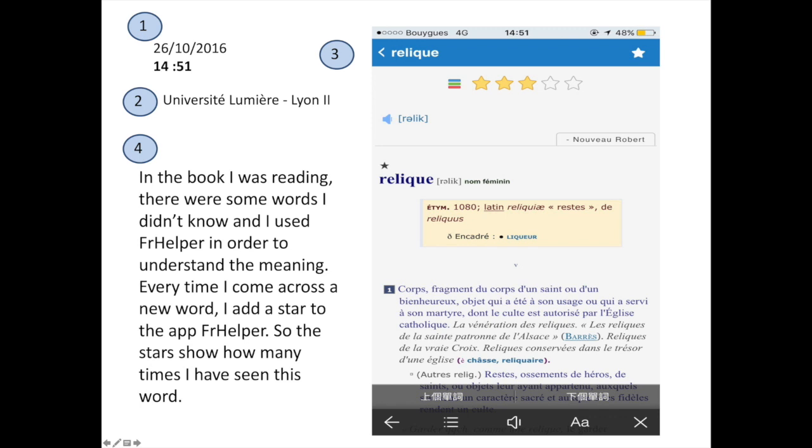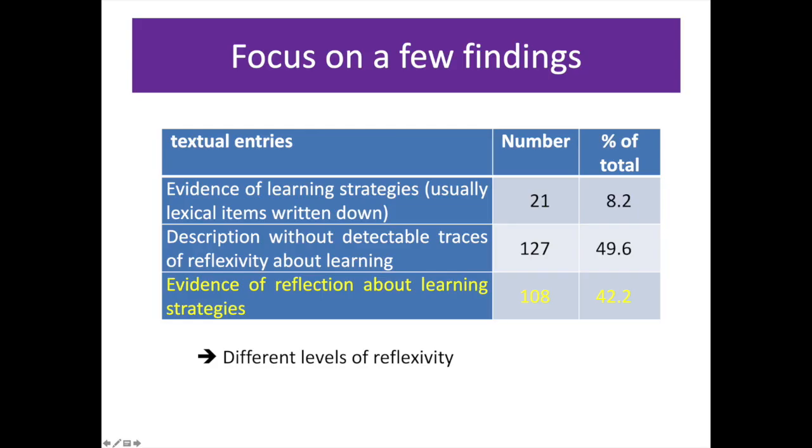And here is what they said, some kind of reflection about their usage of this application. That is to say, in the book I was reading, there were some words such as relique. So this person used an application called French Helper to understand the meaning, and she used the different stars every time she came across the same word. That tells us what they do with these applications, how they use them, and how often. That's really interesting to know.